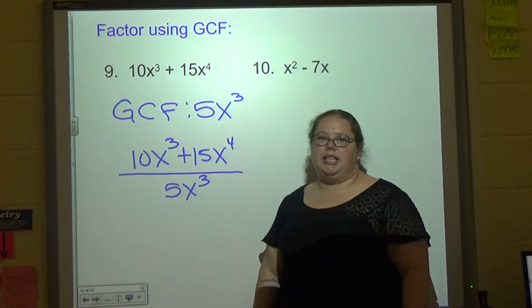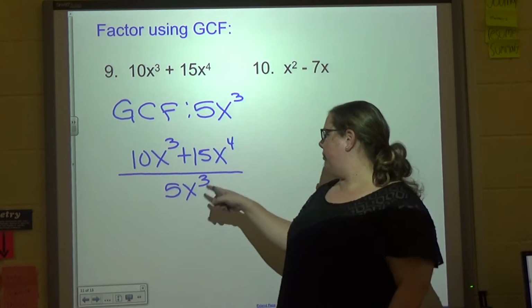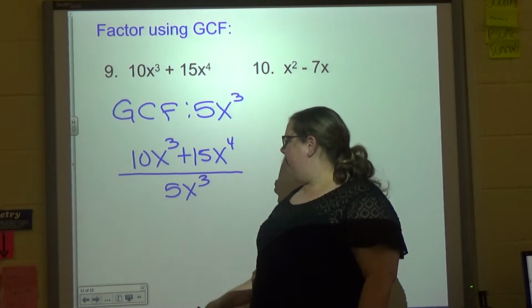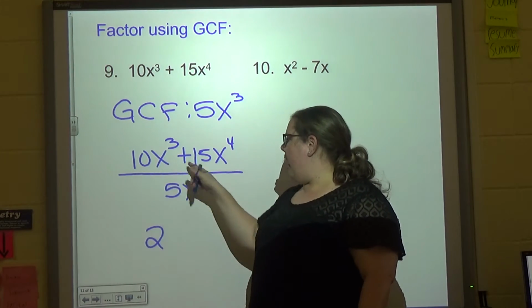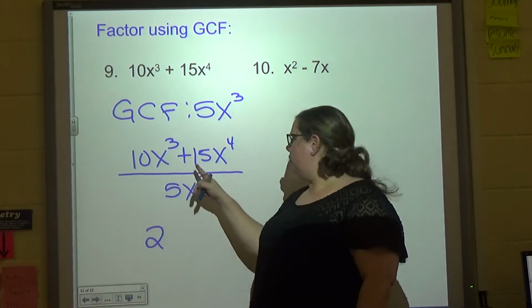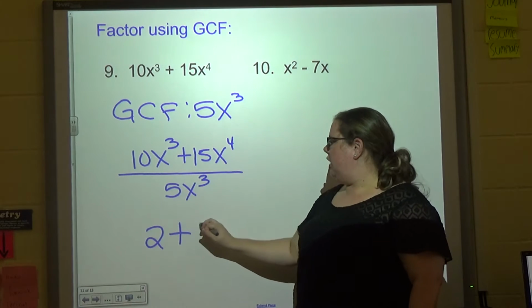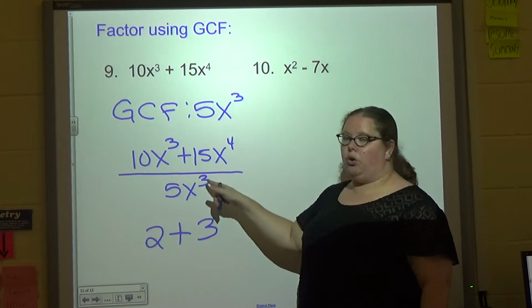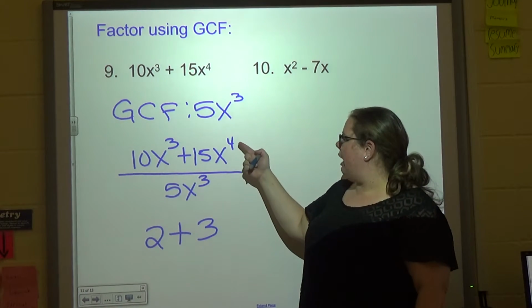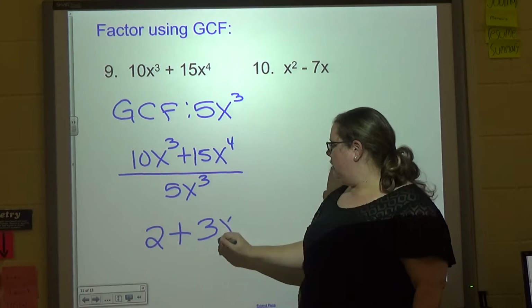So we're going to divide the binomial. So 10 divided by 5 is 2. X cubed cancels out, plus 15 divided by 5 is 3. X to the 4th divided by x cubed, remember we subtract, 4 minus 3 is 1.